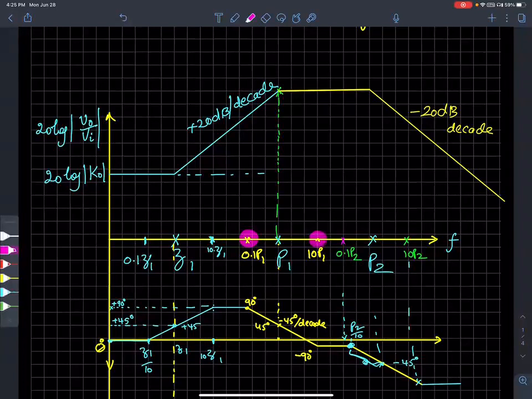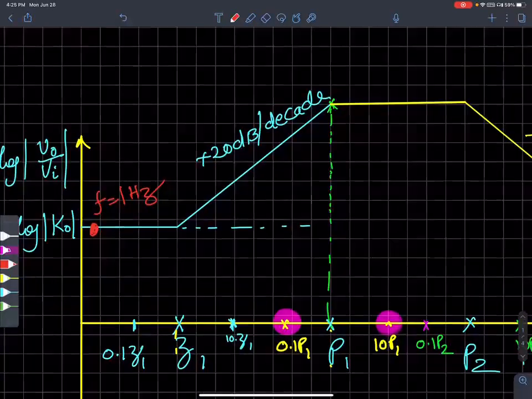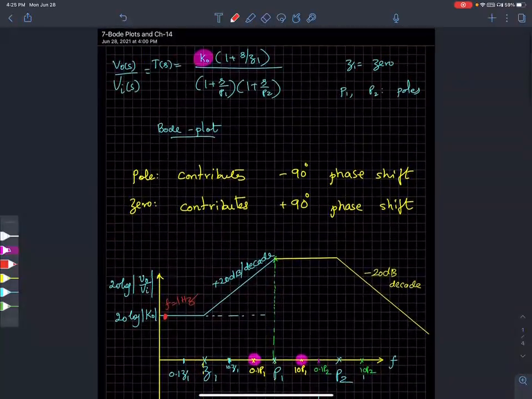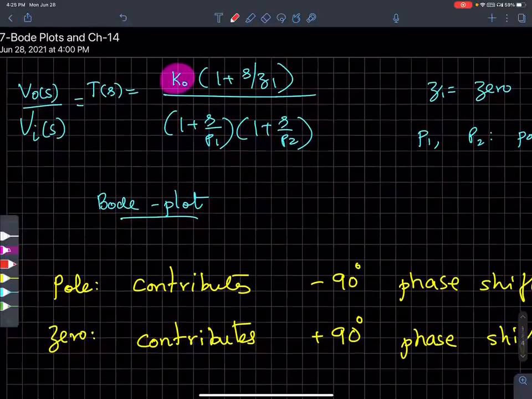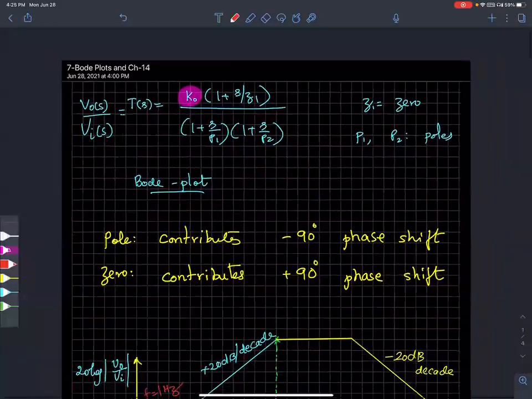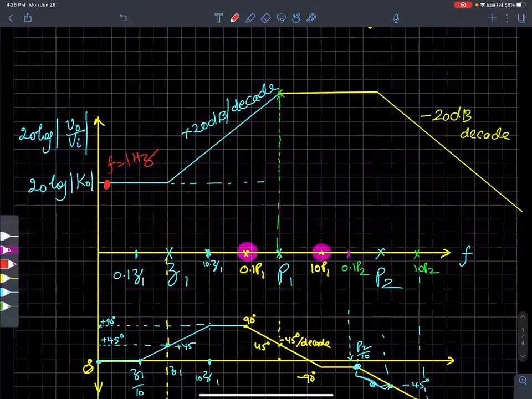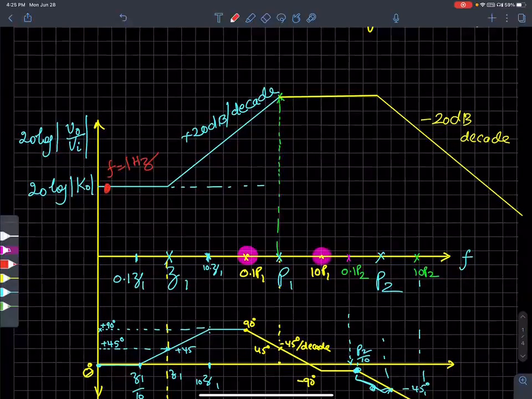If the homework problem asks you to find the magnitude in dB at f equals 1 hertz or whatever, then you don't even have to do the transfer function and apply a log and calculate the individual magnitudes. This is an approximation.